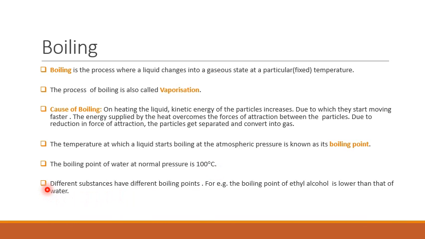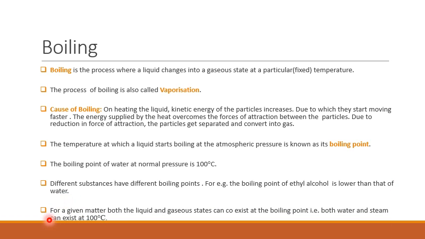Just like melting, different substances have different boiling points as it depends on the intermolecular force of attraction. For example, the boiling point of ethyl alcohol is lower than that of water. For any given matter, both liquid and gaseous states can coexist at the boiling point.